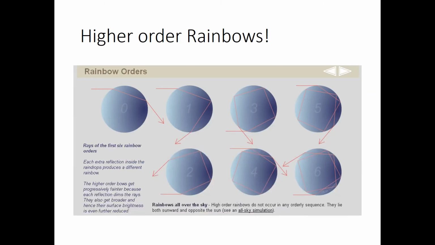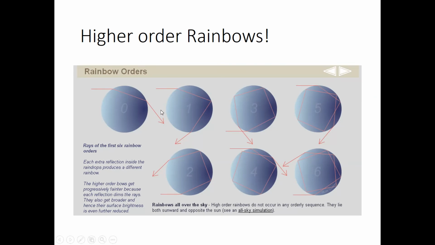Believe it or not, there are even higher order rainbows. There are tertiary rainbows, quaternary rainbows, quinary rainbows, sextenary rainbows, and so on. But we usually don't see those. We definitely don't see tertiary and quaternary rainbows because the visible light that's exiting those droplets is actually traveling away from us.